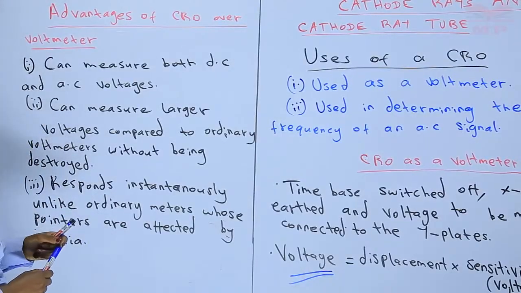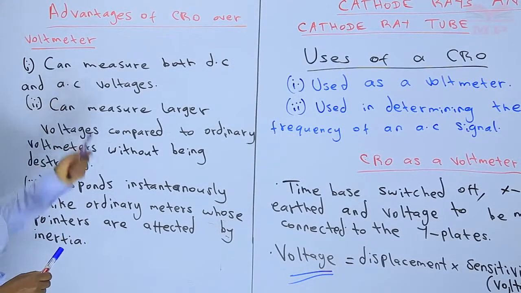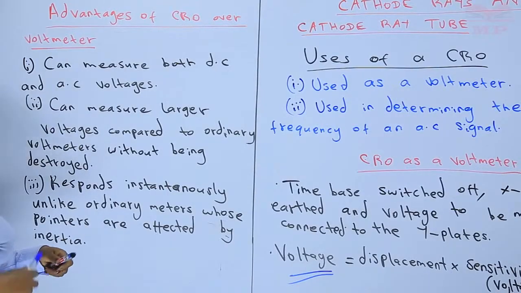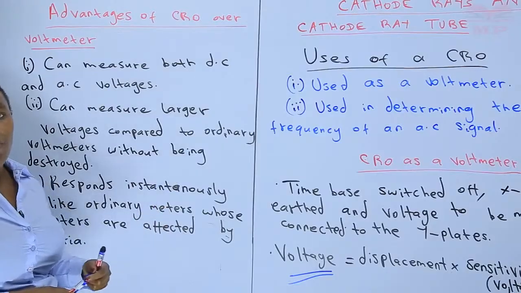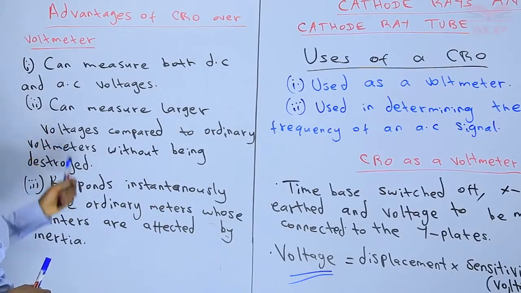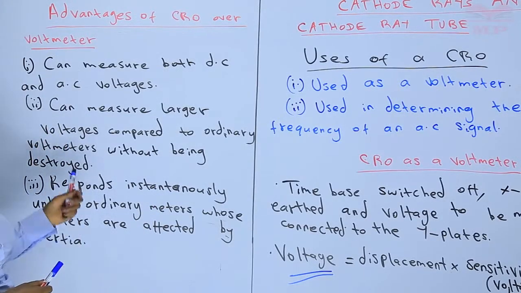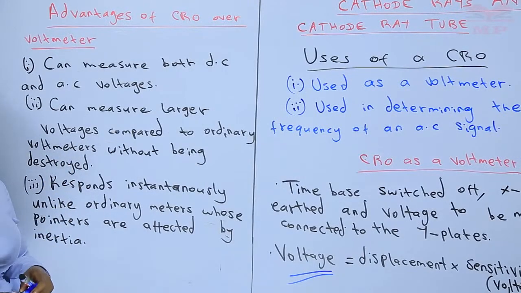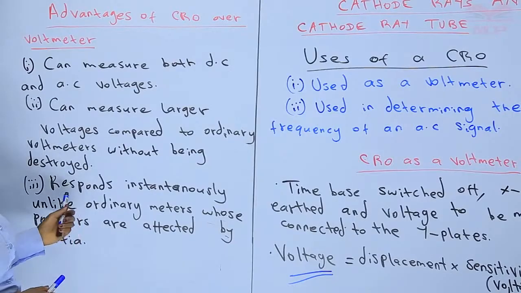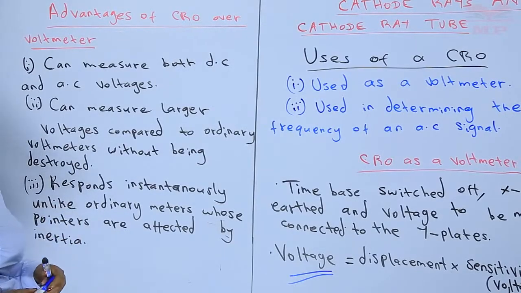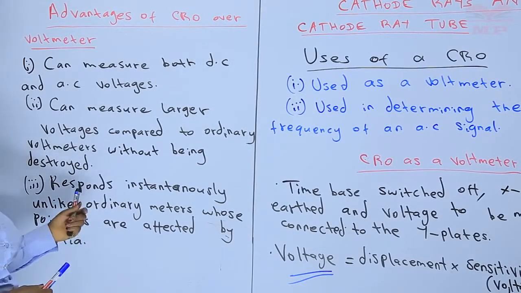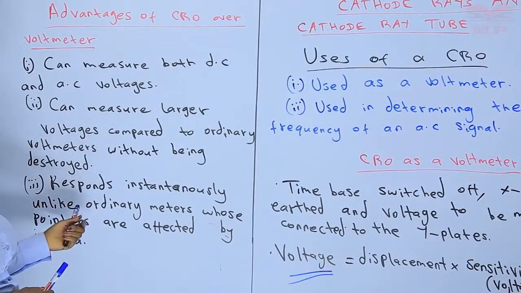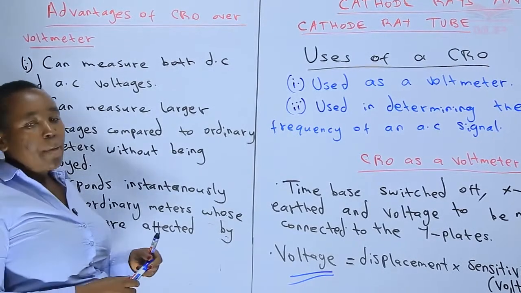It can measure both direct current and alternating current voltages, unlike the ordinary voltmeter, which only measures direct current voltage. Then it can measure larger voltages compared to the ordinary voltmeters without being destroyed. We have also seen that it is not affected by inertia, so it can respond instantaneously, unlike the other meters.